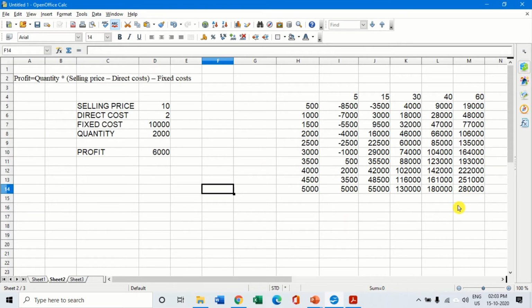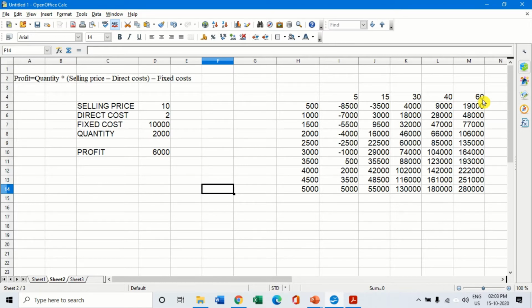So this way you can calculate the different types of profits that you can make for the different quantities at different selling prices. Just like how we had calculated the interest rates, at different interest rates what is going to be the principal amount and the simple interest that you will calculate.